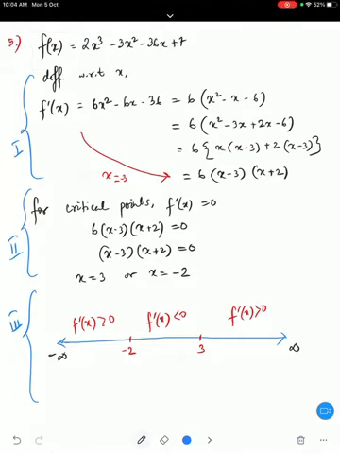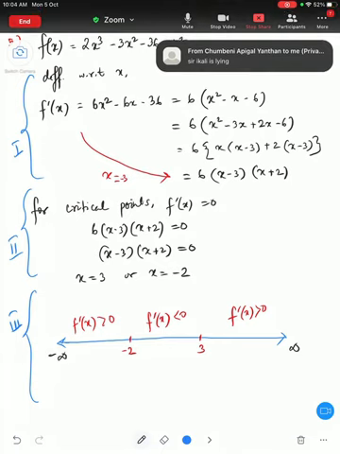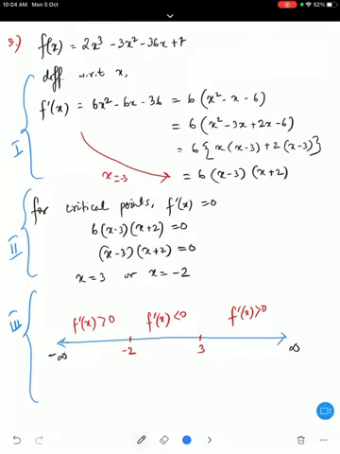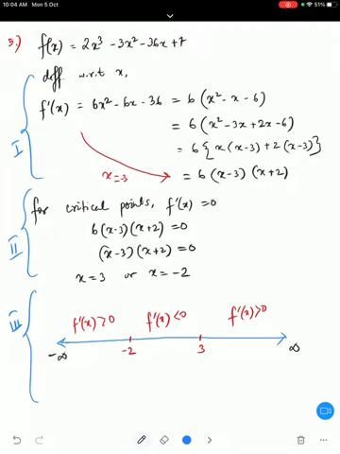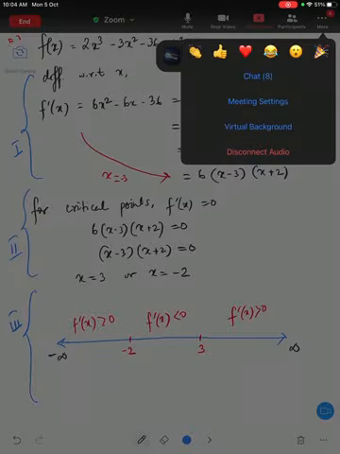Acha, fine. Now look at here. So this is what we have. These are the signs of f dash x we got, right? Now I have a question. In which interval is the function decreasing? Look at this problem and tell me.